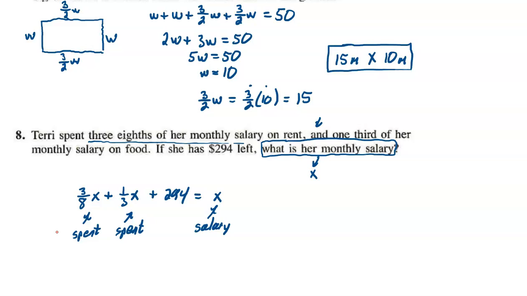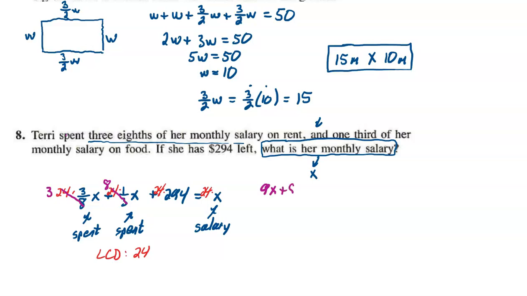This equation fits the style that we've been learning about solving by multiplying everything by the LCD. There are two denominators. There's an 8 and a 3. The LCD is 24. Multiply all terms by 24. 24 divided by 8 is 3. 3 times 3x is 9x. 24 divided by 3 is 8.